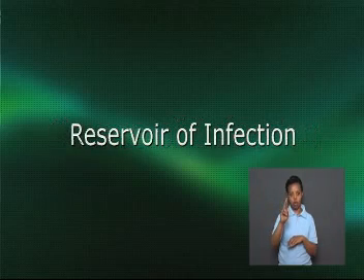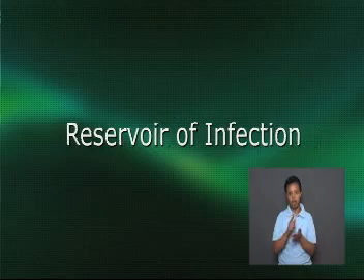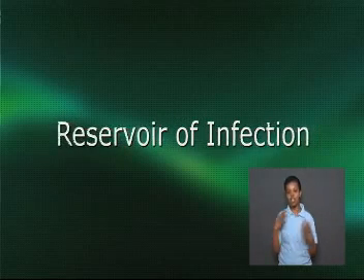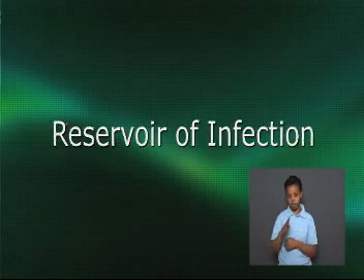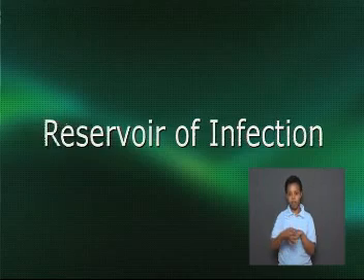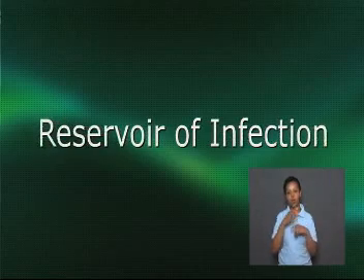The reservoir of infection can be defined as any person, animal, plant, soil, or substance in which an infectious agent normally lives and multiplies. The reservoir typically harbors the infectious agent without showing symptoms of the disease. It also serves as a source from which other individuals can be infected.